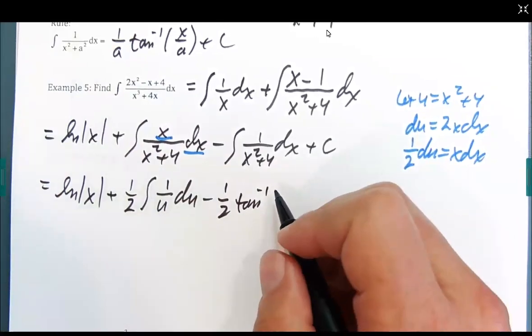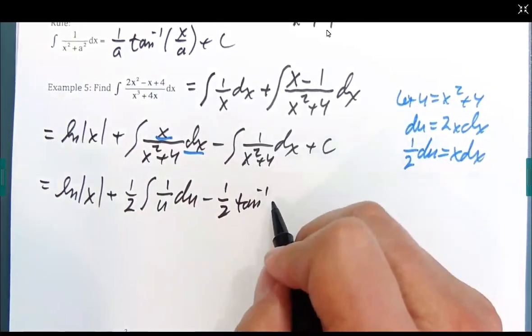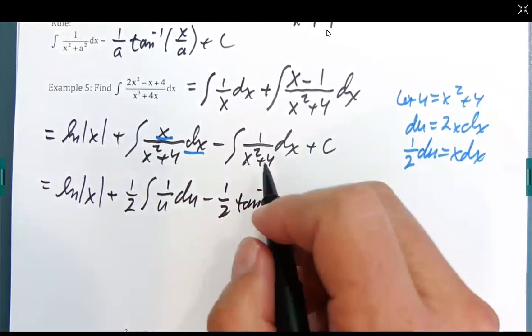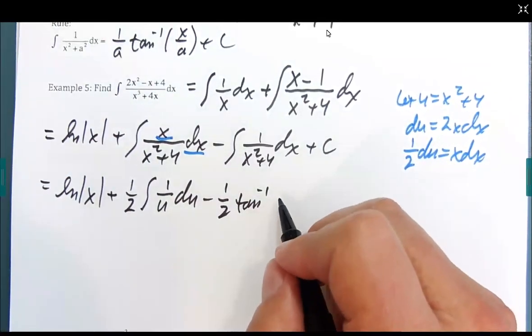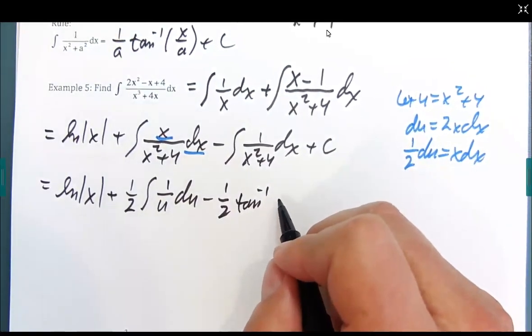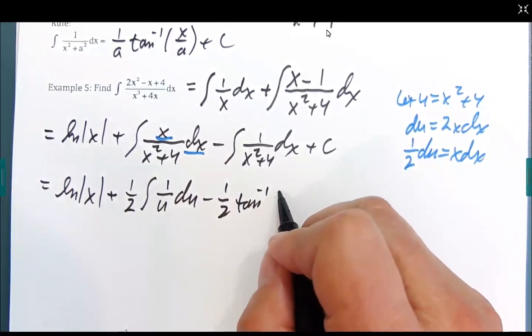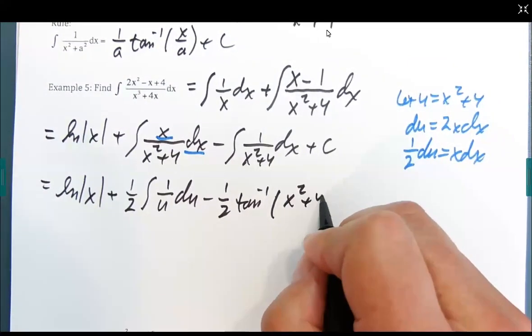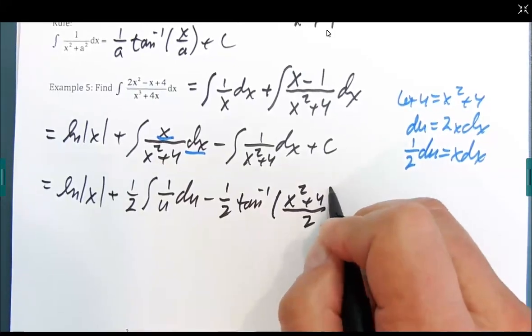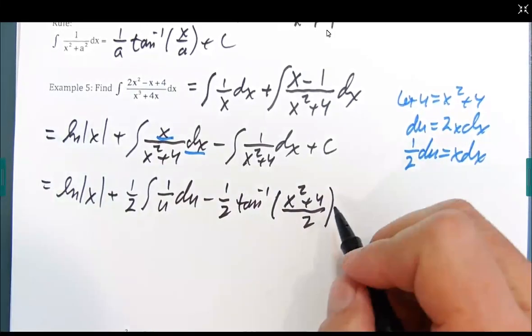Inverse tangent of x over 2. And so in this case, that's going to be x squared plus 4 over 2 plus c.